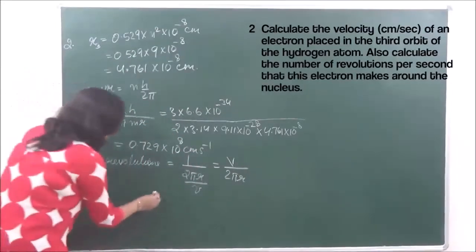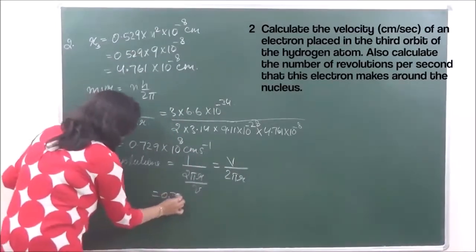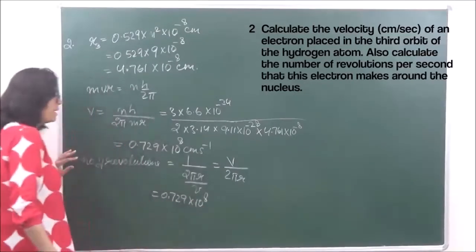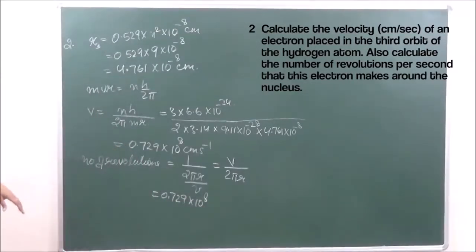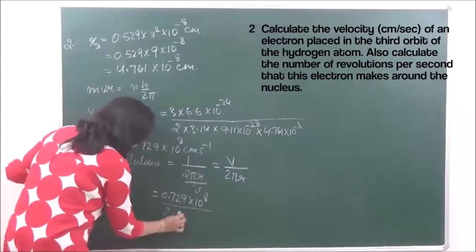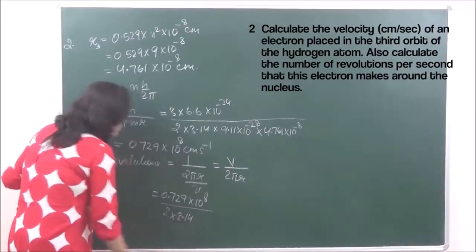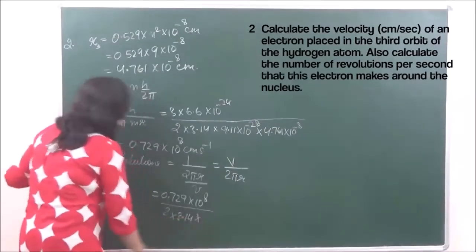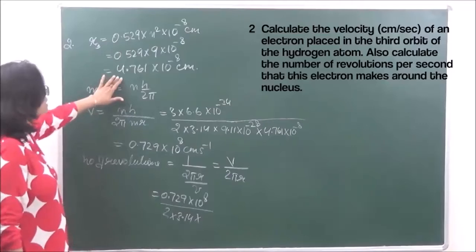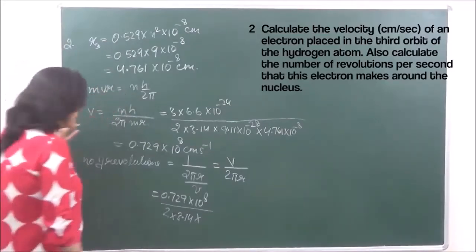The velocity is 0.729 into 10 raised to power 8, and 2 into 3.14 into r. The value of r is 4.761 into 10 raised to power minus 8.